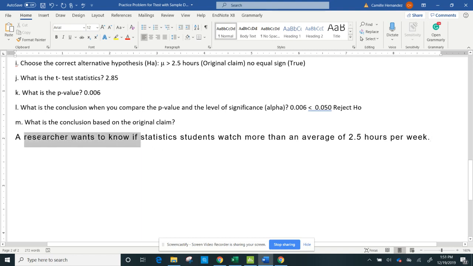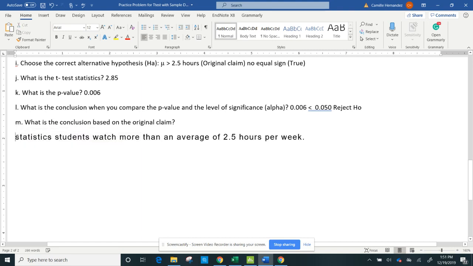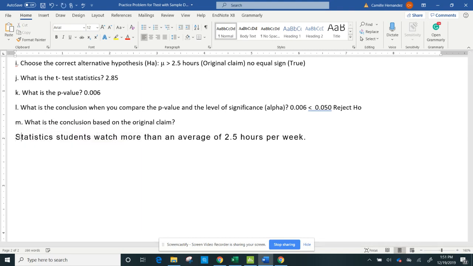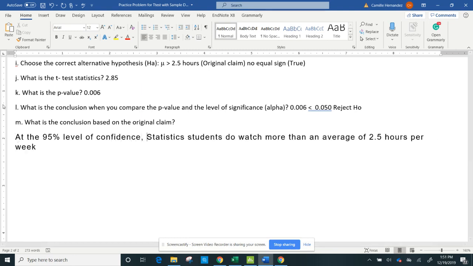I'm going to say statistics students do watch more than an average of 2.5 hours per week. Okay. And I'm even going to add some more stuff to it. I'm going to say this: at the 95% level of confidence. Okay. Why did I do that? Because it was in the original statement.